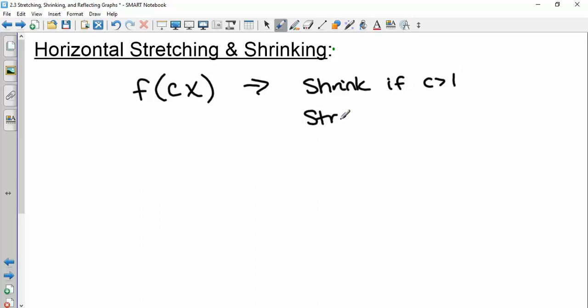If that number is smaller than 1, it stretches. Okay. Just like on the inside yesterday, adding moved it in the negative direction, subtracting moved it in the positive direction. Inside changes x and it does the opposite of what it says.